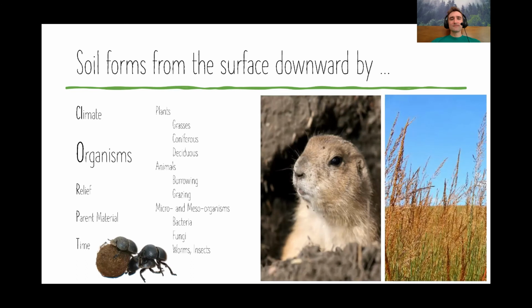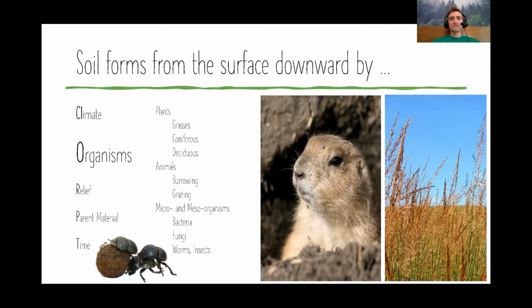If we take a look at organisms and how they have an impact on soil formation, there are three main types of organisms: plants, animals, and microorganisms. Plants will be pulling in soluble nutrients, and if they are left alone, they will be dying, decaying, decomposing, and adding organic matter to the soil. Animals will be burrowing through the soil, like our ground squirrel there.